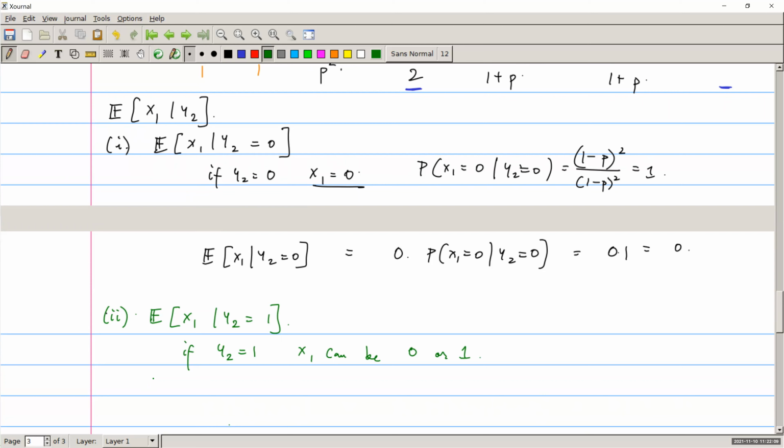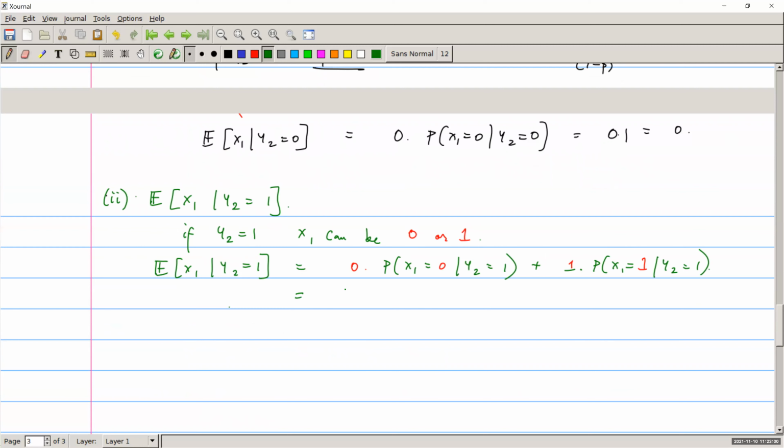Right, so we want to compute the expectation of x1 given y2 equals 1, which will be 0 times the probability x1 equals 0 given y2 equals 1, plus 1 times the probability x1 equals 1 given y2 equals 1.